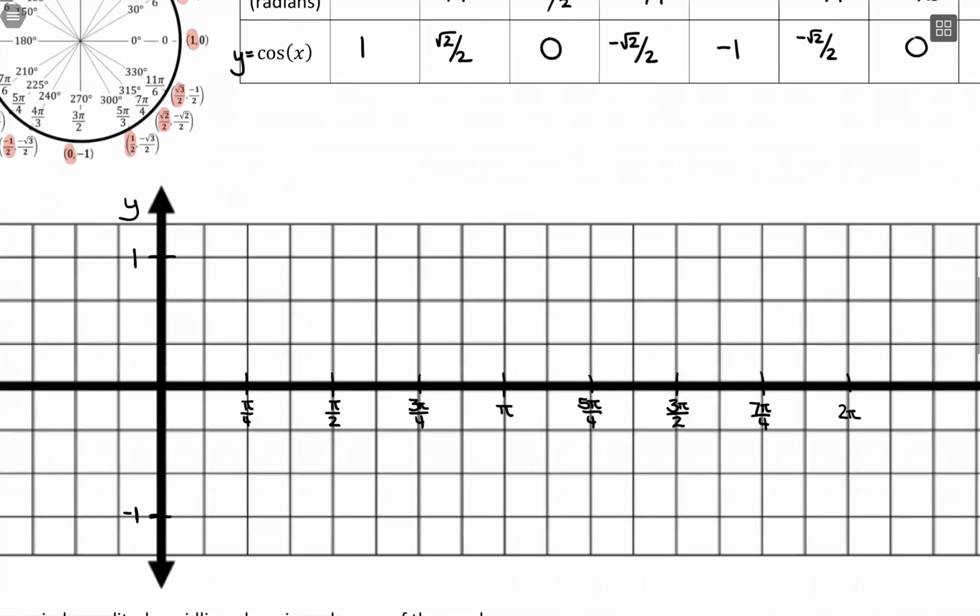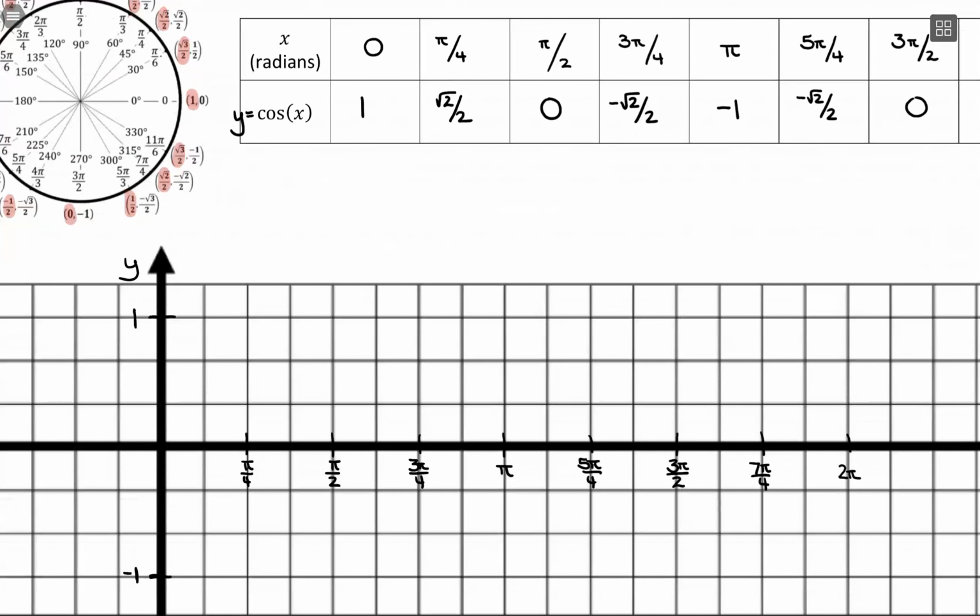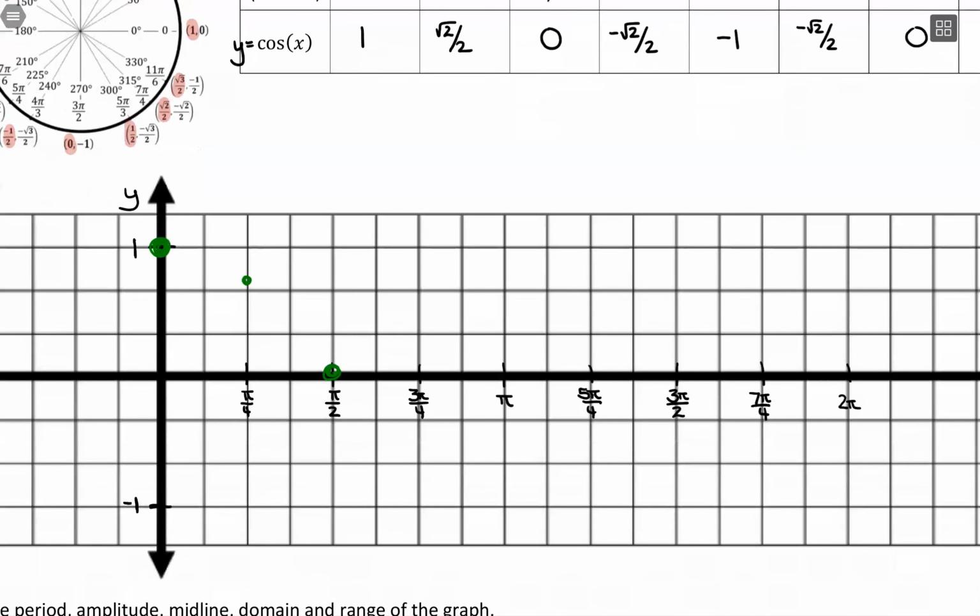So, a graph of cosine is starting at 0, 1. So we're starting up at a maximum value here. And then about 0.7, 0, negative 0.7, negative 1, negative 0.7, 0, 0.7, 1.